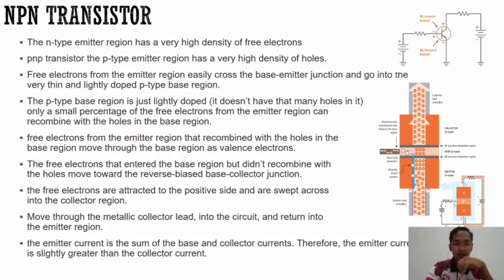The free electrons are attracted to the positive side and are swept across into the collector region. They move through the metallic collector, leak into the circuit and return into the emitter region. The emitter current is the sum of the base and collector current. Therefore, the emitter current is slightly greater than the collector current.